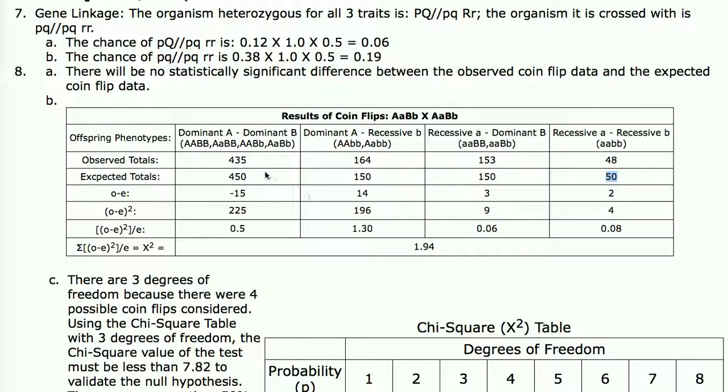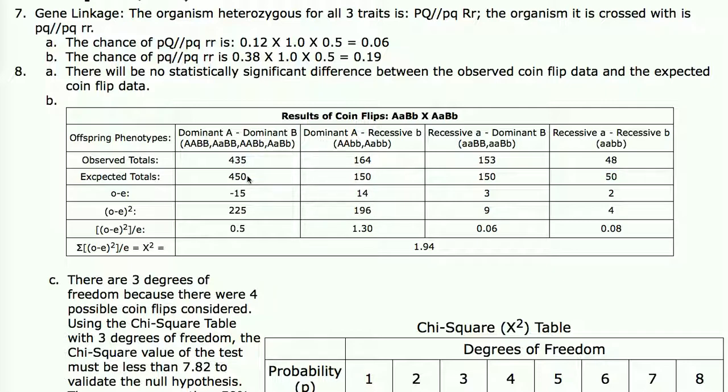Well, as it turns out, 435 plus 164 plus 153 plus 48 comes out to 800. And it turns out you should get 9/16 of that, the dominant for A and dominant for B offspring.